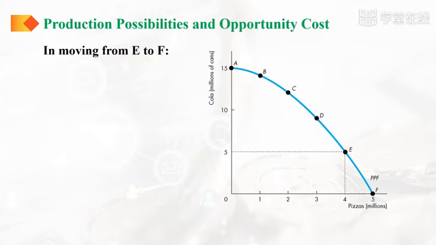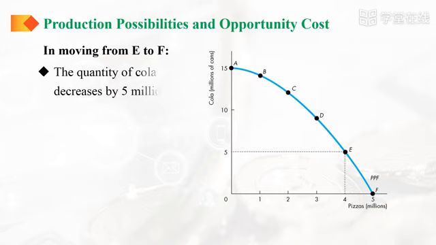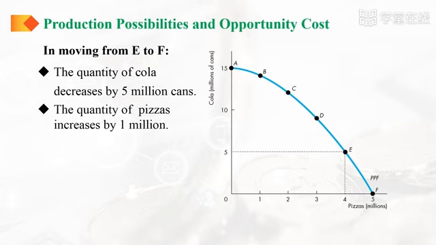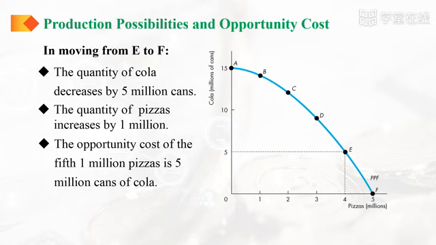If we move from F to E, the quantity of cola increases by 5 million cans. The quantity of pizzas decreases by 1 million. Therefore, the opportunity cost of the first 5 million cans of cola is 1 million pizzas.